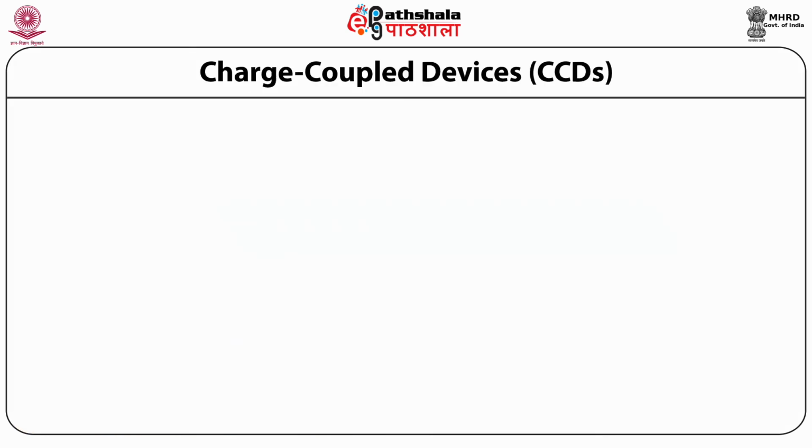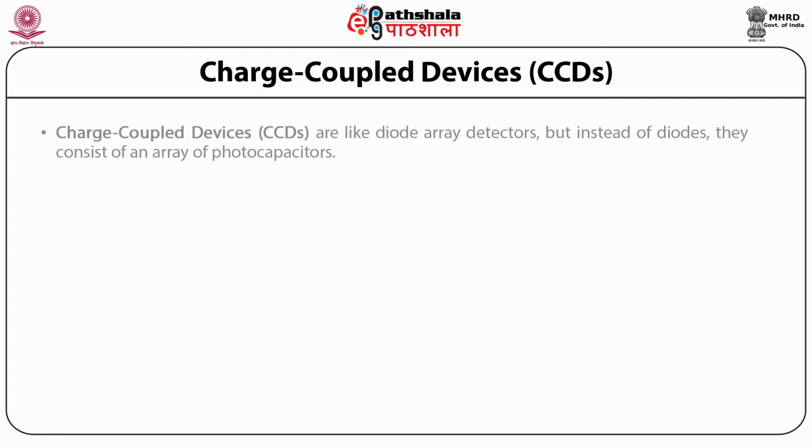Charge coupled devices, CCDs, are like diode array detectors, but instead of diodes, they consist of an array of photocapacitors.